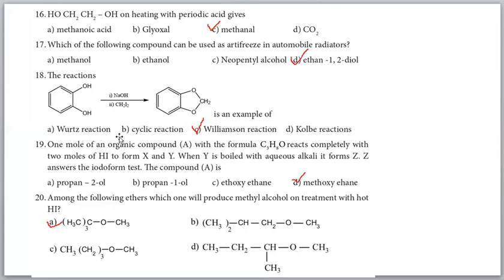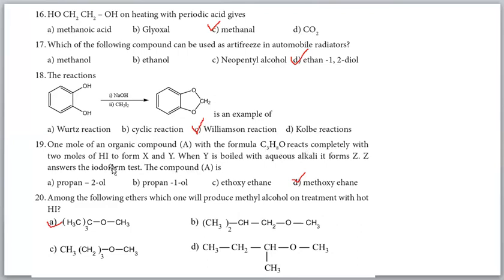Then 1 mole of an organic compound A with the formula C3H8O. For this molecular formula, 3 compounds are possible: 2 alcohols and 1 ether. One alcohol is n-propyl alcohol. Then what is given?